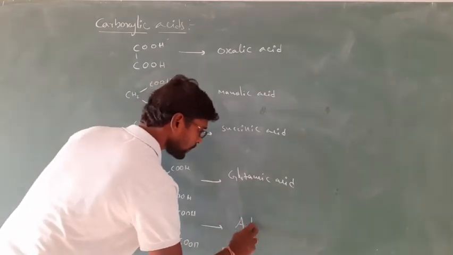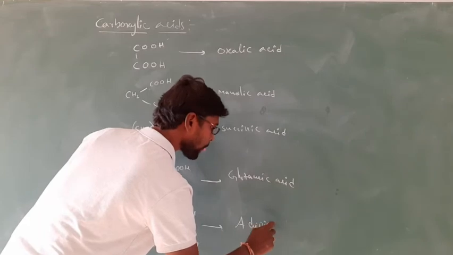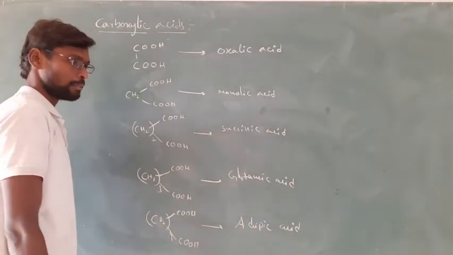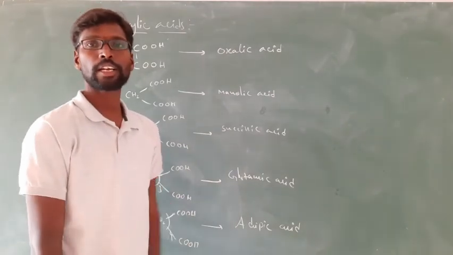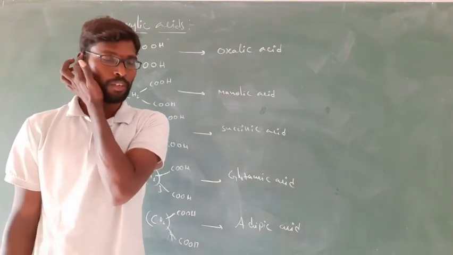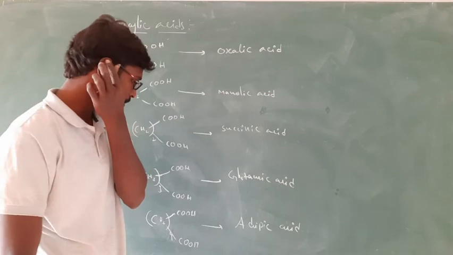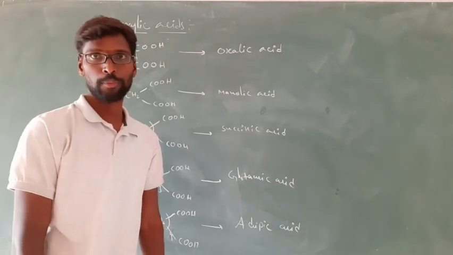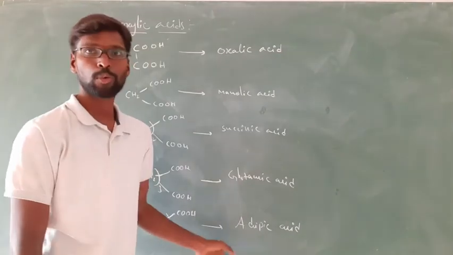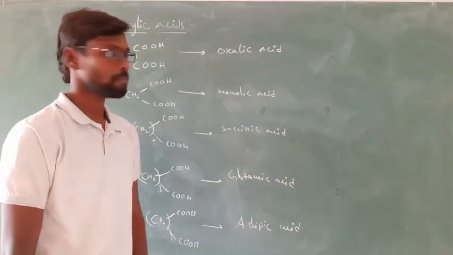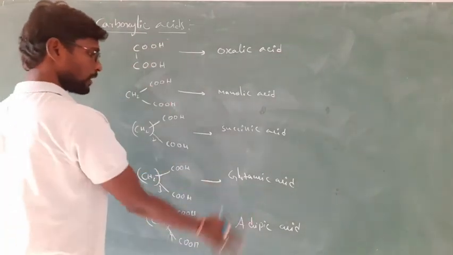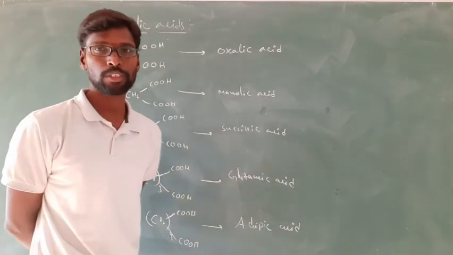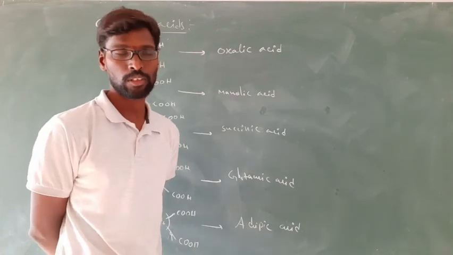This is called adipic acid. This is what we get in the polymers concept: for the preparation of nylon 6,6 polymer, adipic acid is one monomer. So these are the important dicarboxylic acids which you get in preparations and properties and in your competitions also.